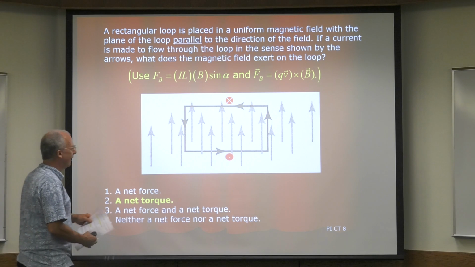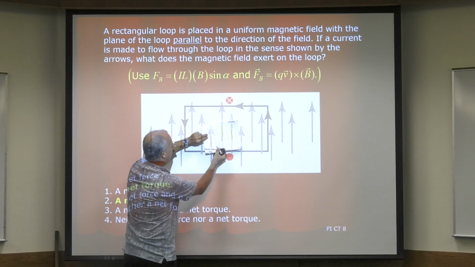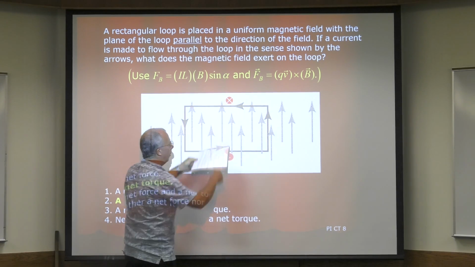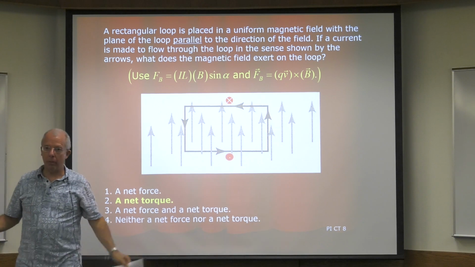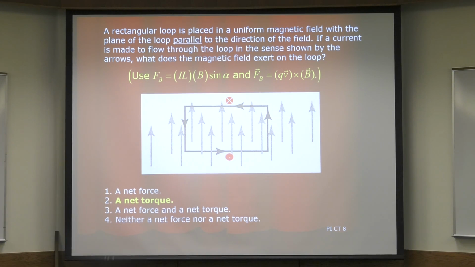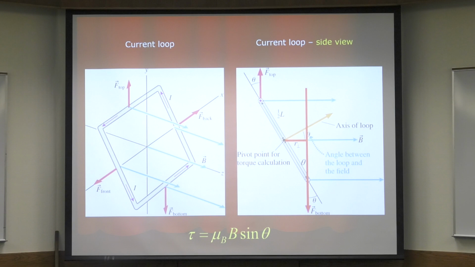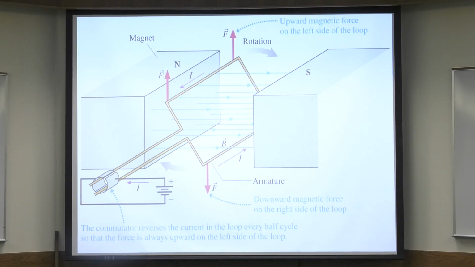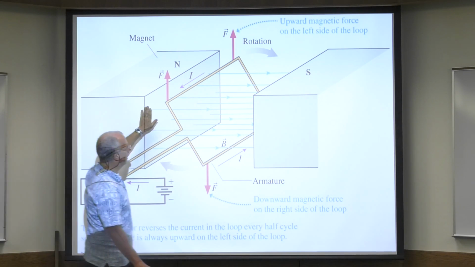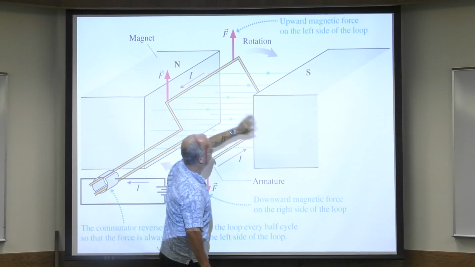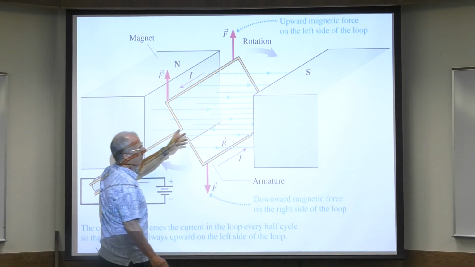Now you say, who cares? Hope you don't say that. So this thing is going to rotate. Well, that's an electric motor. How do you make an electric motor? You have a magnet, or two magnets, or you could do it with one magnet.